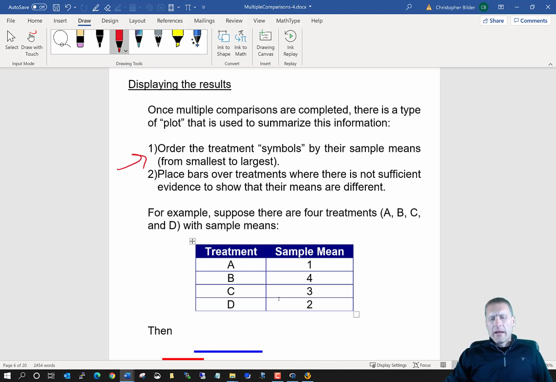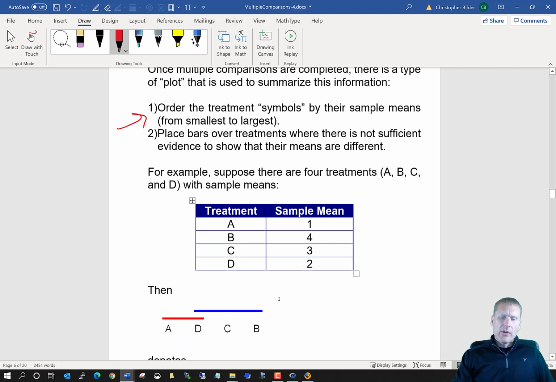First of all, imagine you have treatments A through D, and they have corresponding sample means as I have shown there. This doesn't correspond to any example that we've seen before. I've just made this up here. So let's write out an ordering of the sample means based upon these.